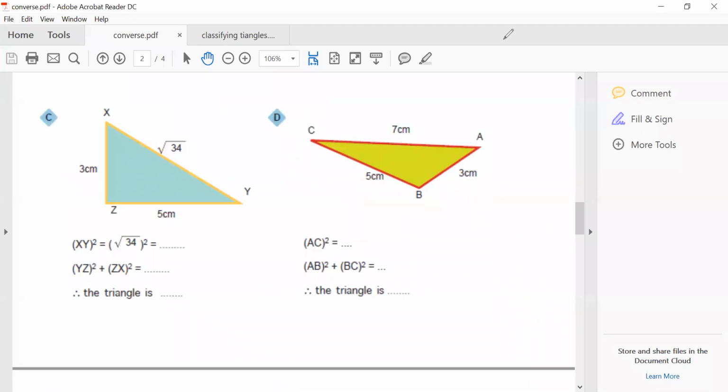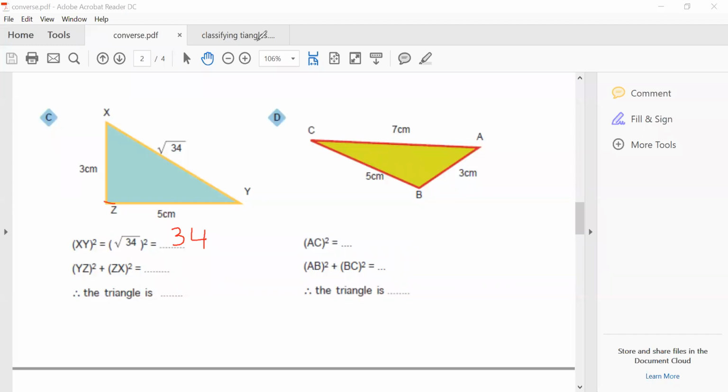Okay, yes, Hannah. XY square. What is root 34 square? 34. Any root squared, the result will be the number under the root. Okay, YZ square plus ZX square. What is YZ?